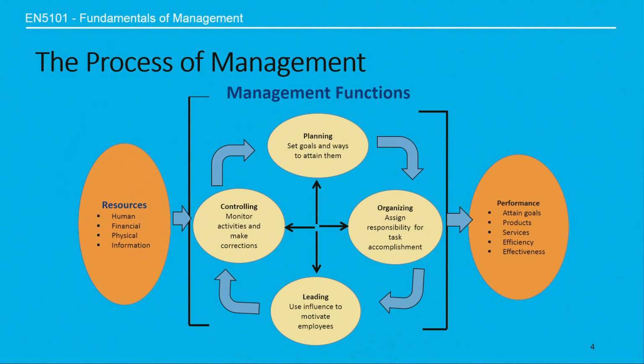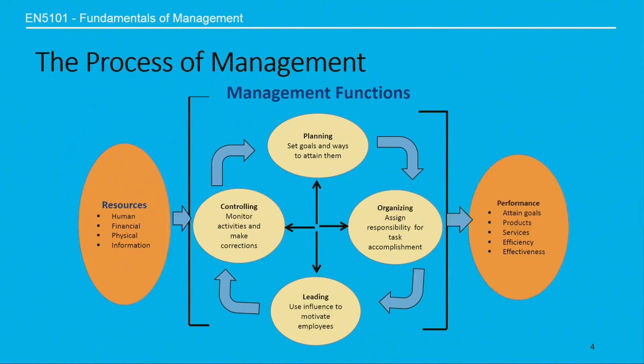Under input, as we saw in the definition, organizational resources should be considered in this category. There are four types of organizational resources: human resource, financial resource, physical resource and information resource. All these resources should be taken to the organization as its inputs, right?